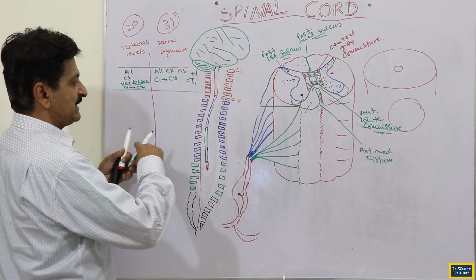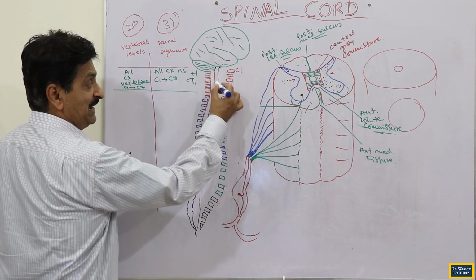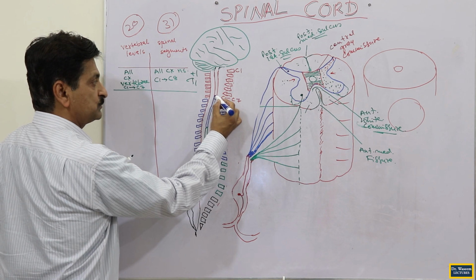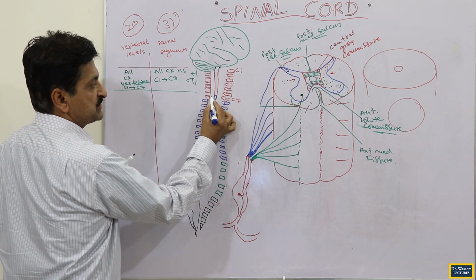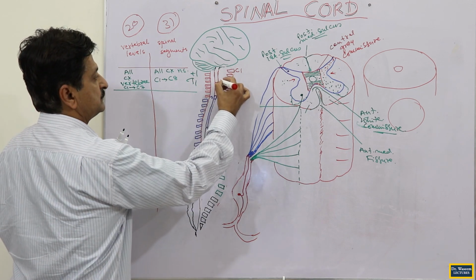So in the 7 cervical vertebrae we have all 8 cervical segments of the spinal cord, plus T1 also. T1 is present here, and we have 8 cervical segments present here.